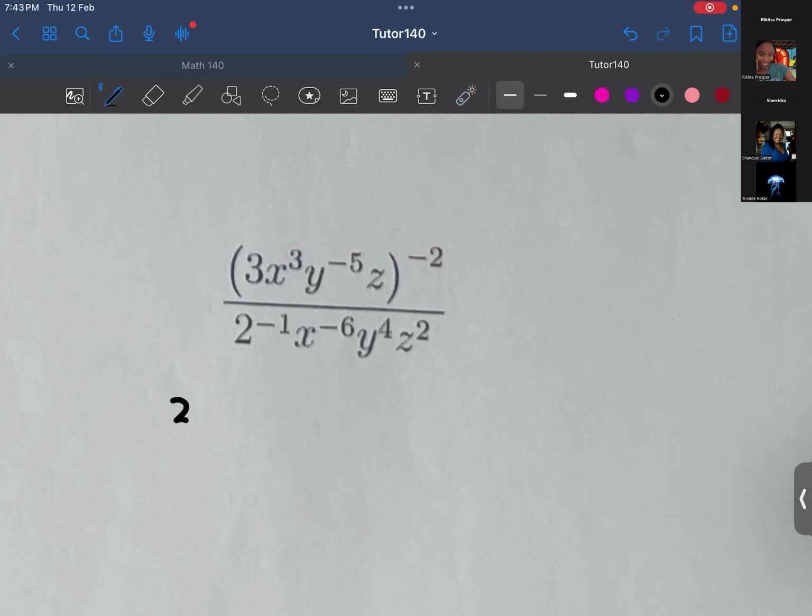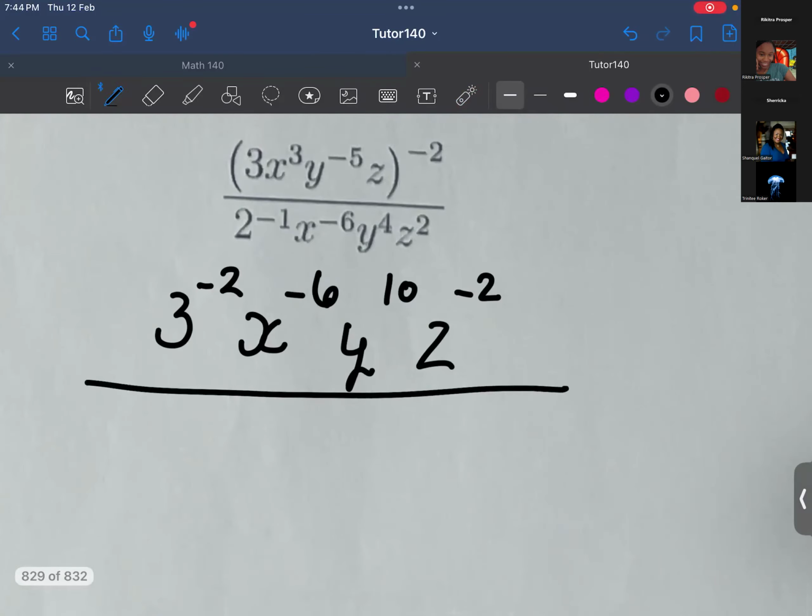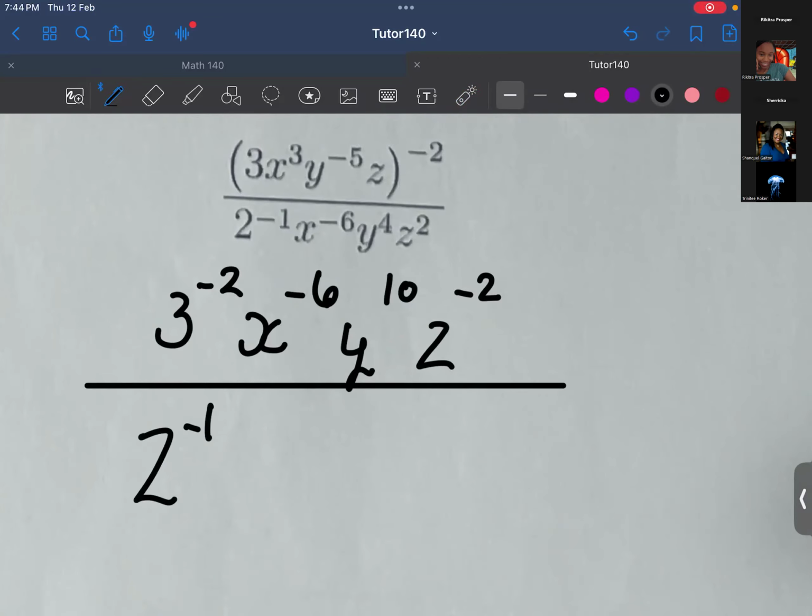So 3 to the power -2, x to the power -6, because 3 times -2 is -6. Y to the power 10, z to the power -2, divided by 2 to the power -1, x to the power -6, y to the power 4, z squared.